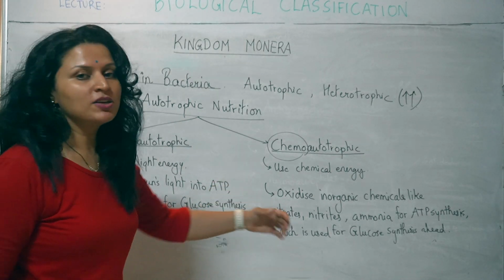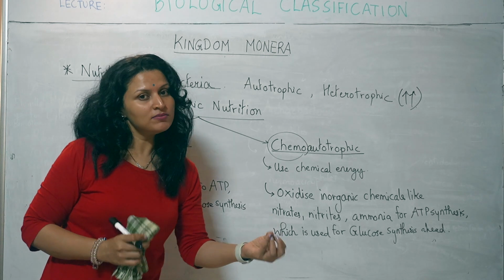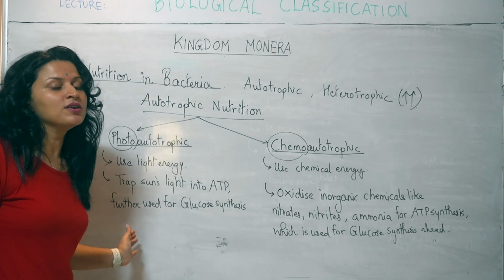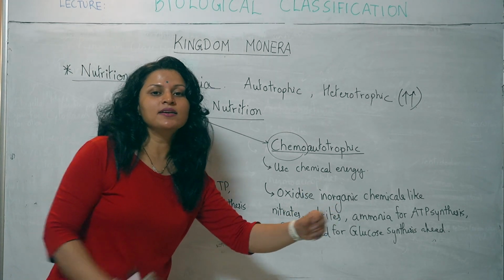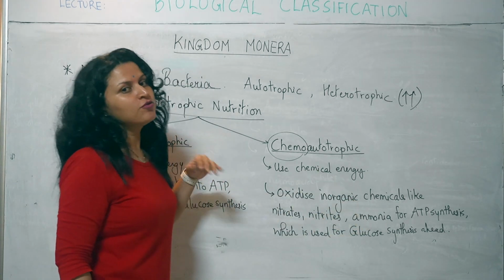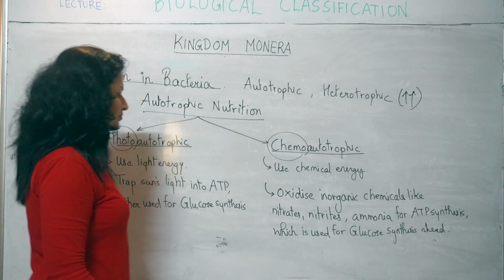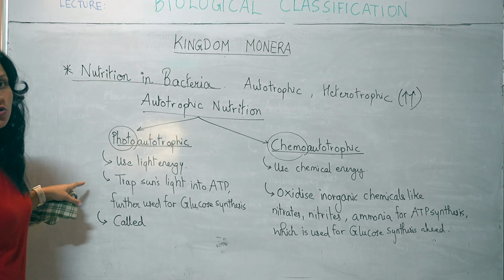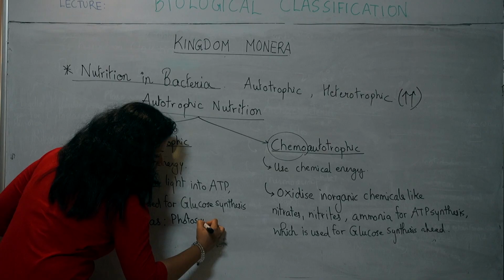Both of them require ATP for glucose synthesis, but where is their ATP coming from? This one is coming from sunlight. Sunlight is trapped into ATP, and here by oxidizing chemicals. Photoautotrophic, chemoautotrophic. Fine. The bacteria involved in photoautotrophic nutrition are called photosynthetic bacteria.